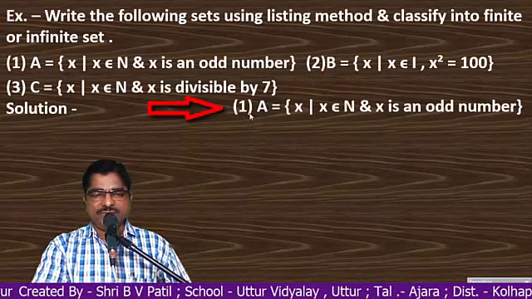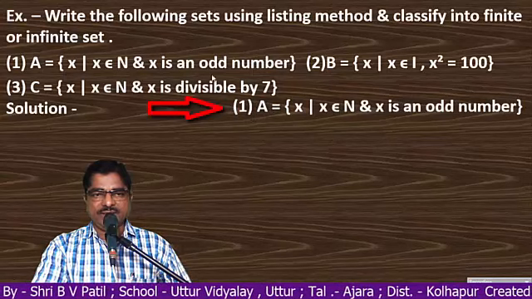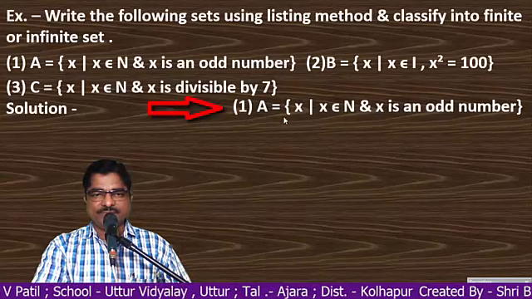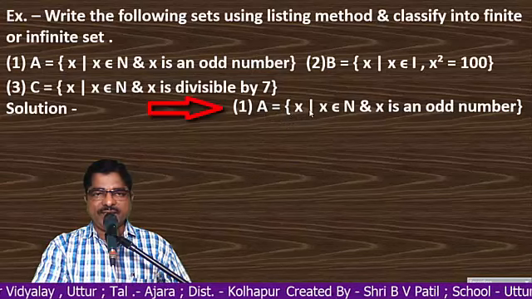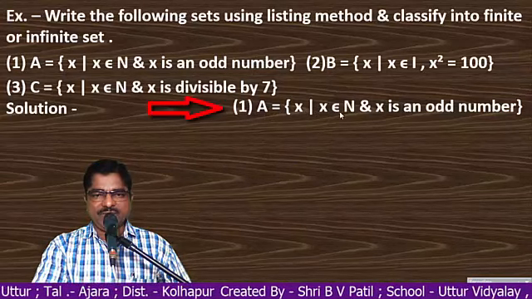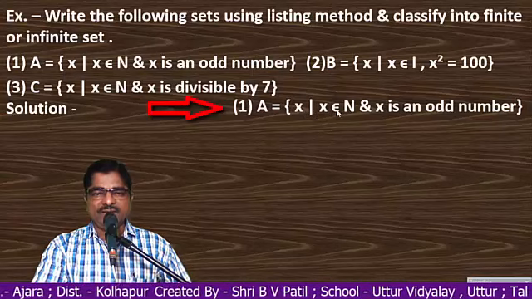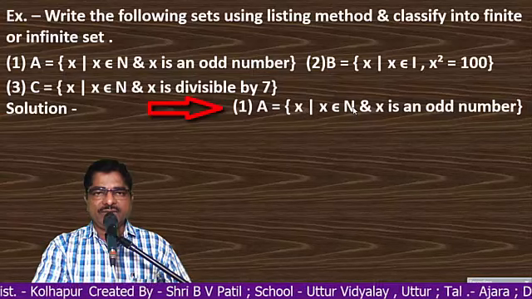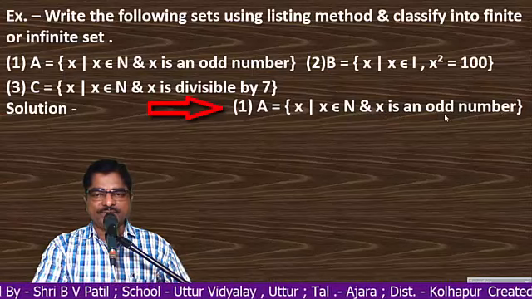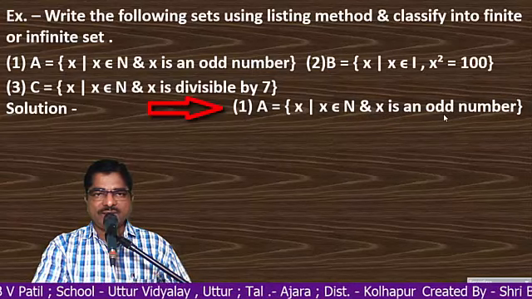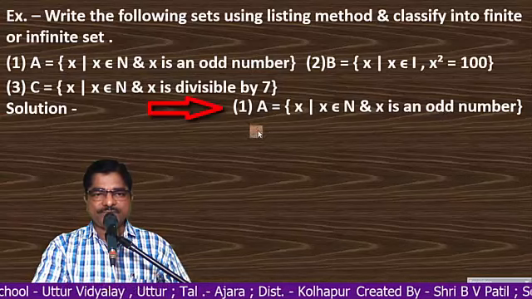Then solution. First example we write here. A is equal to, in curly brackets, x such that x belongs to N. It means x is an element of natural numbers and x is an odd number. Odd number means Visham Sankhya.